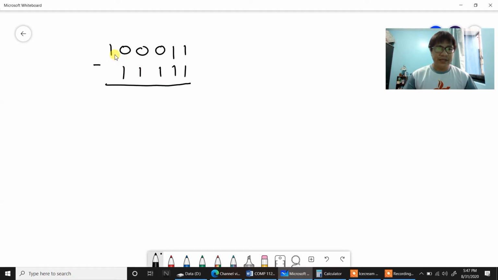So we have here another example of subtraction in binary. We have the number 1 0 0 0 1 1, subtracted by 1 1 1 1 1. We first find out the decimal number of these two sets of binary, so that we will know the objective, the result we need to get from the decimal value.